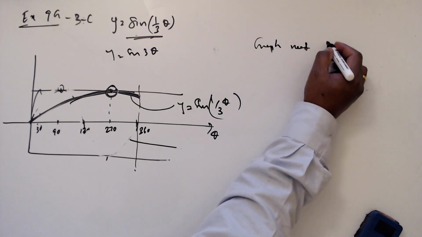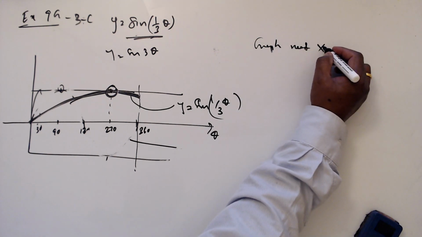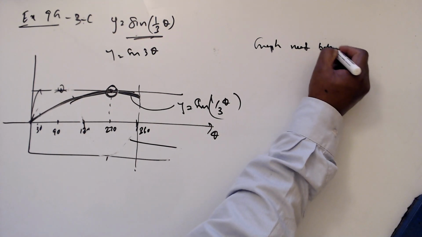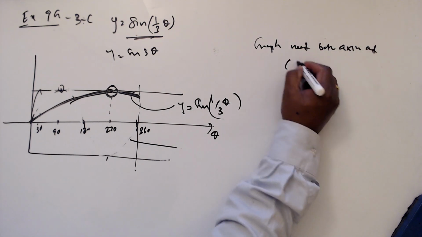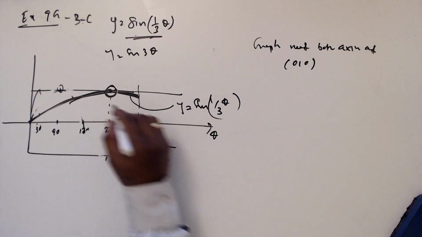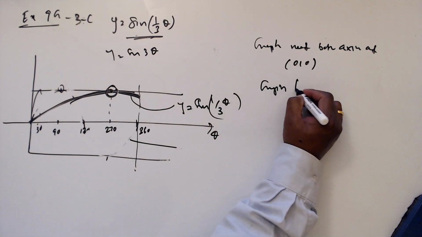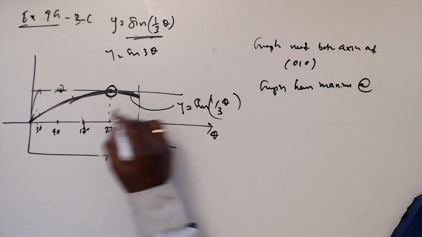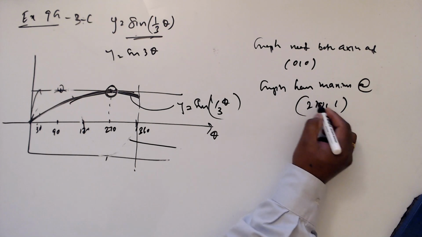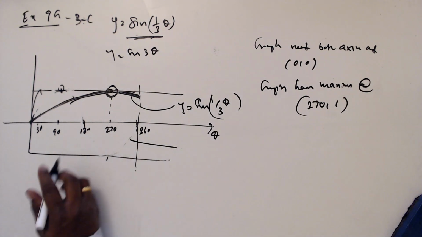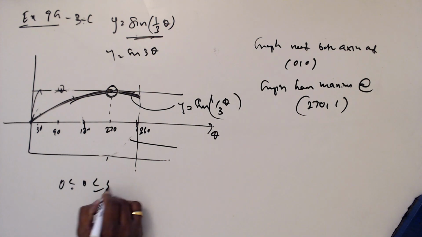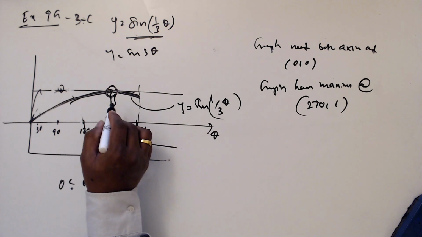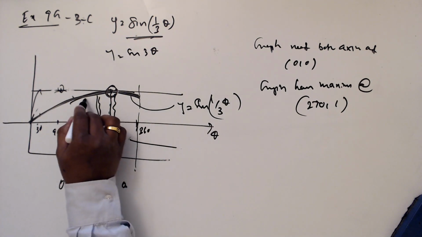The graph meets both axes at 0, 0. And the graph has a maximum at 270, 1. And within this interval, this is the highest point. These points are less.